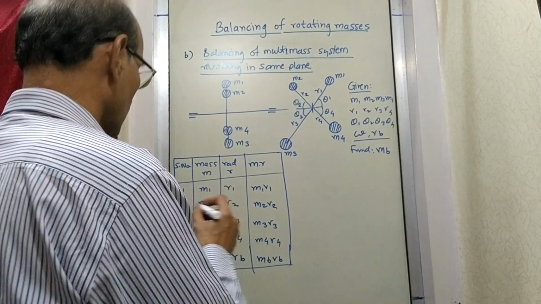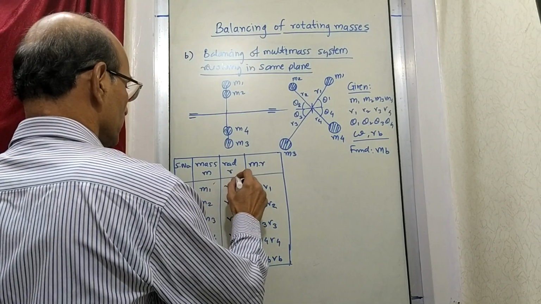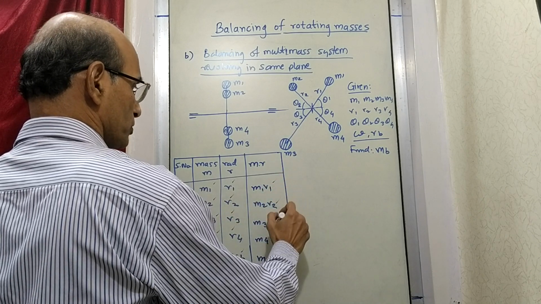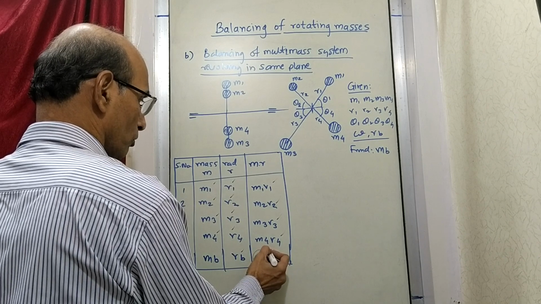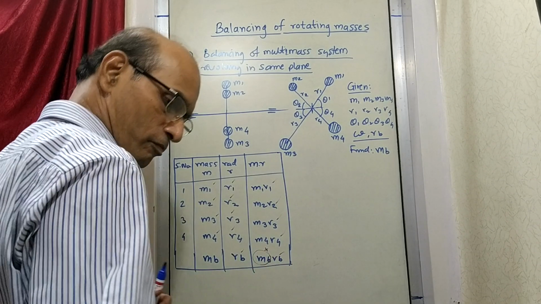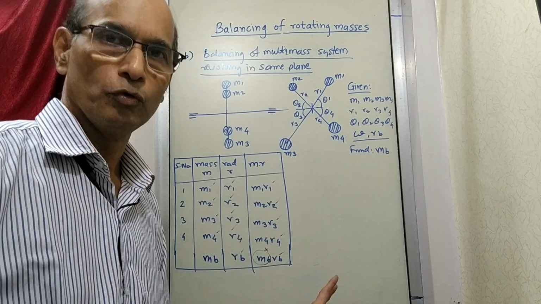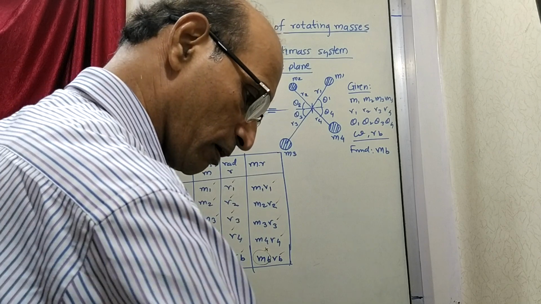Now, since these things are known, see what is known here? All these things are known. So this you can find out, this you can find out, this you can find out. Here, this is not known, but this is known. So all these numerical values are there with you. Now see here, everywhere there is a centrifugal force.